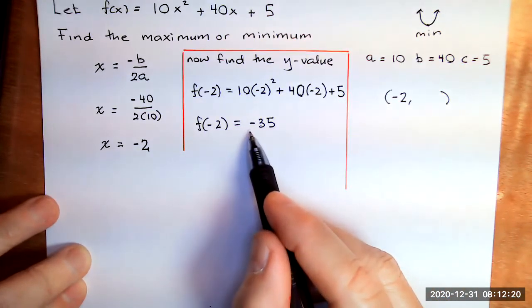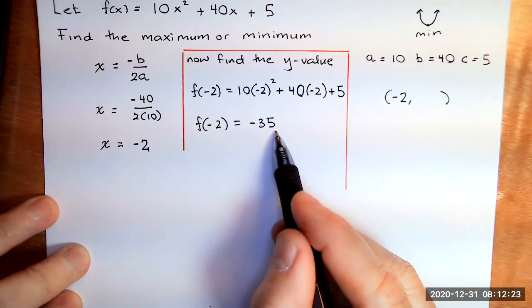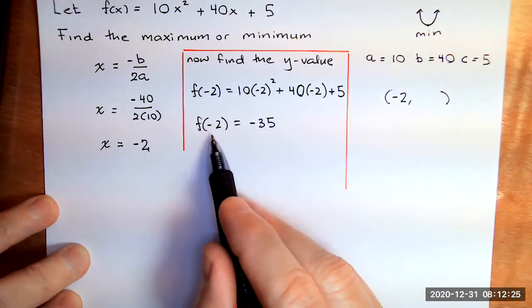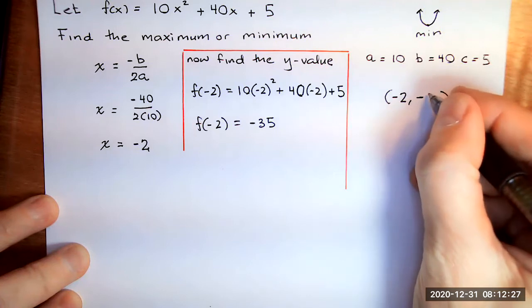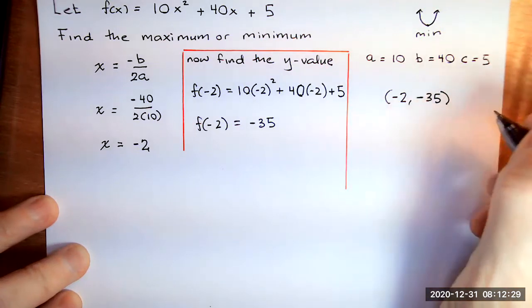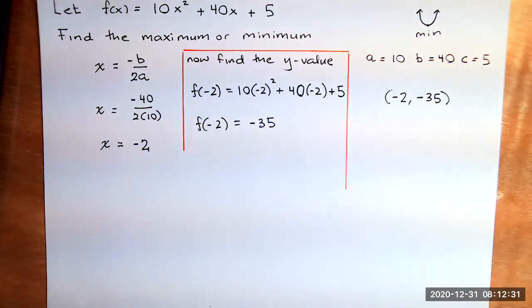So the minimum is negative 35, and it occurs at x equals negative 2. Let's try another.